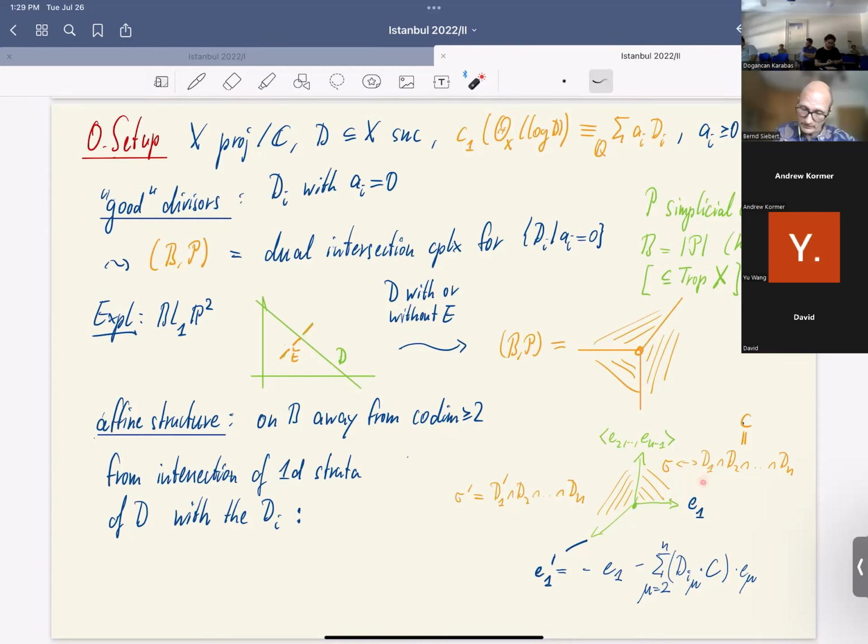So D_1 intersected D_2 intersected D. Something is wrong here. D_2, that should be an n, right? That confused. I think it should be an n. I confused myself with some notation. Anyway, and then you tell essentially how to go through a codimension 1 cell. So you have to tell how this bends, and there's a formula to do that. You get an affine structure on B, this dual Gross-Siebert skeleton, away from codimension larger or equal to 2. Okay, so that's the arena.